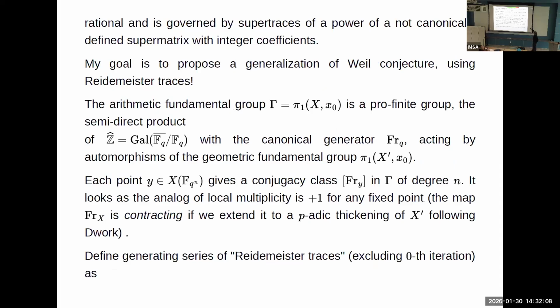And now we've got supertraces of a not canonically determined supermatrix with integer coefficients. Nobody really wrote or spoke about matrices. It will be characteristic polynomials of matrices, but they have integer coefficients at the end of the day. And my goal is to propose a generalization of the Weil conjecture using Reidemeister traces. It's actually really on the nose. You wonder why people missed it.